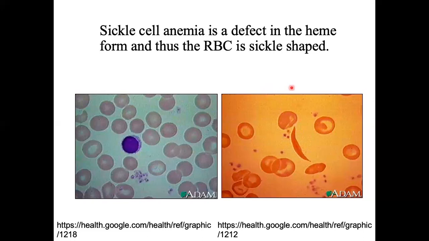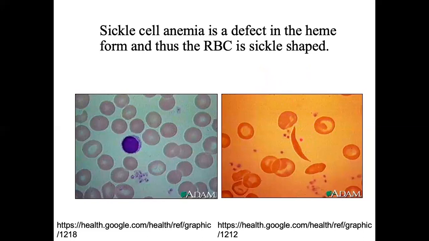So the people who developed this mutation were able to survive in this malaria afflicted region. And now you see sickle cell anemia in people all over the world because people travel and mate and pass on their genes.